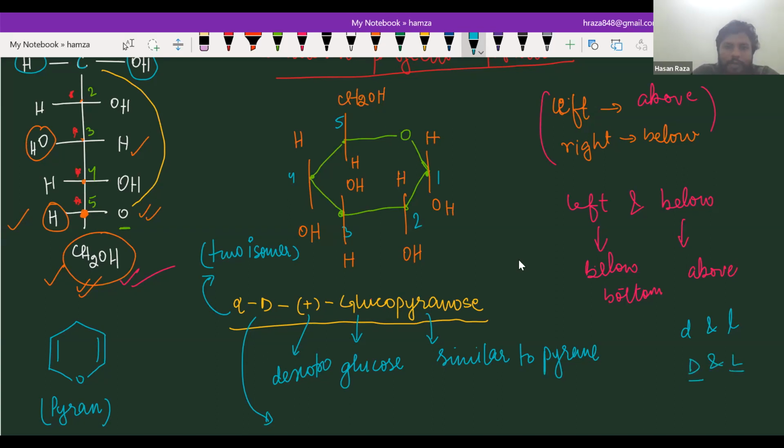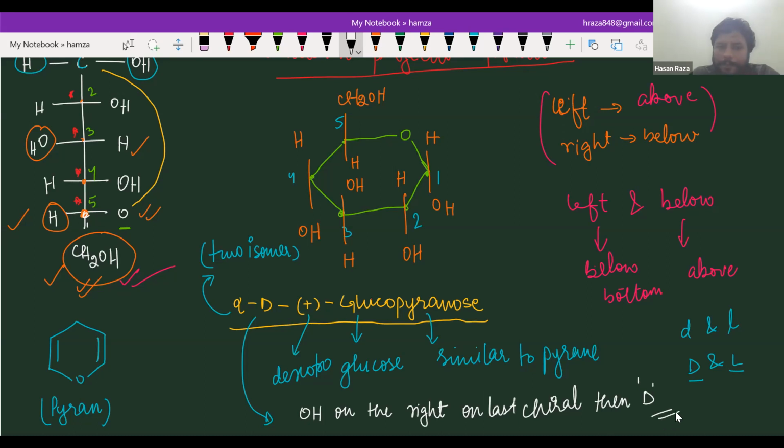Capital D, capital L. So capital D means basically on the last chiral carbon, OH on the right side. If OH is on the right side on the last chiral carbon, then D, and OH on the left hand side, that means L. So we can write OH on the right side on the last chiral, then we say D. So it's very easy.